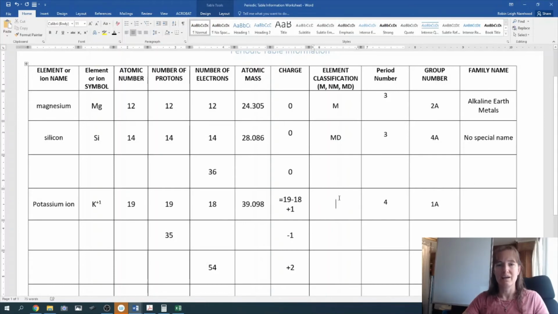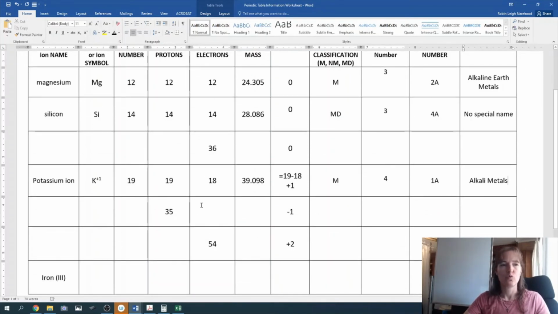Group 1A is a metal. It's on the metal side. And any element that is in group 1A, except for hydrogen, those are called the alkali metals. So group 1A metals are called the alkali metals.